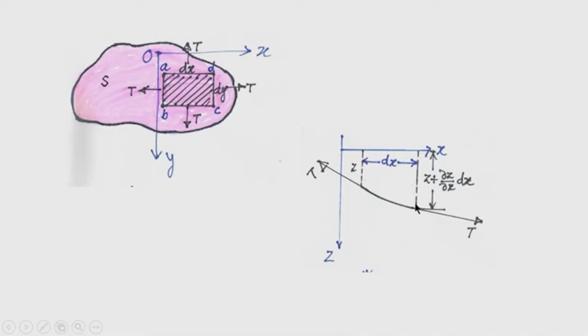At the other end the slope will be different, so the deflected position at that point will be z plus del z by del x into dx. This is the differential increment of the deflection. So, these are the two deflections at the two points of the small element dx.